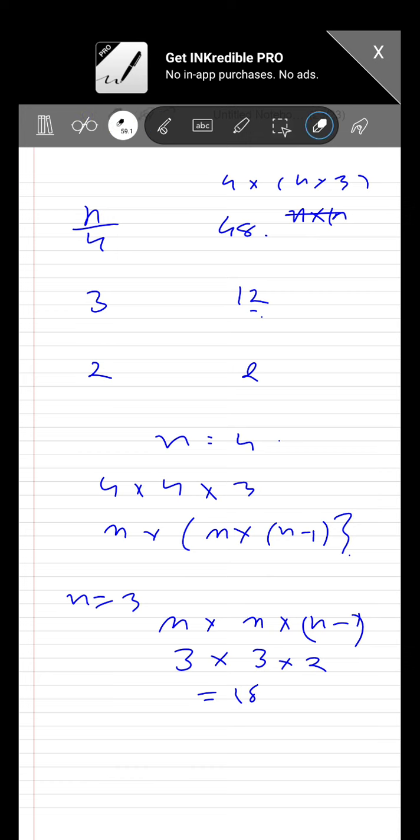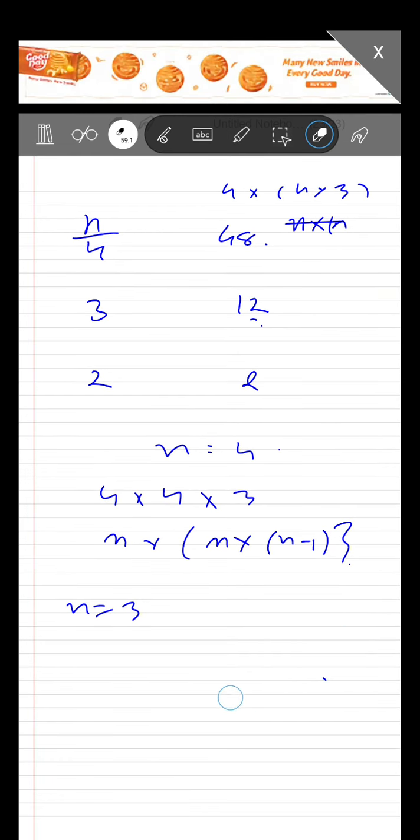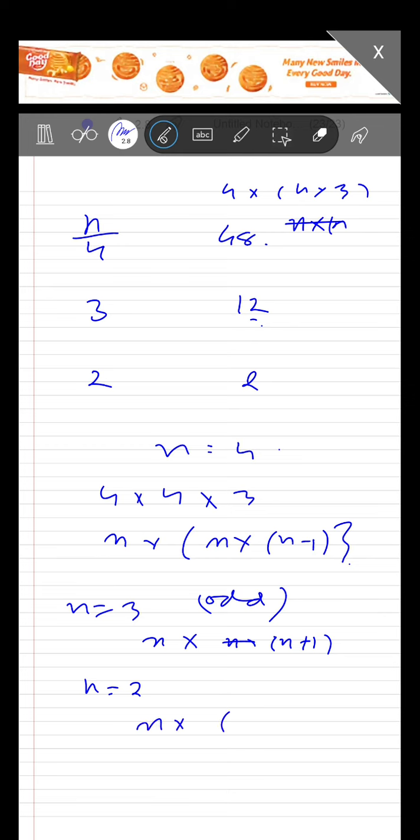So what we can do here, to make it 12, it has to be n into n plus 1 if n is odd, and if n is even, let's see whether it is applicable for 2, n into n to the power 2, and it should be n into 1, so it should be 2 into 2 to the power 0.